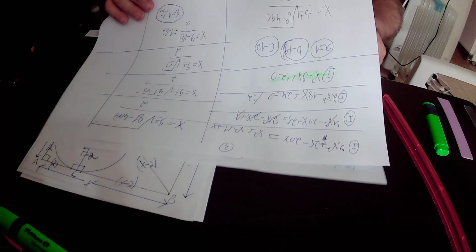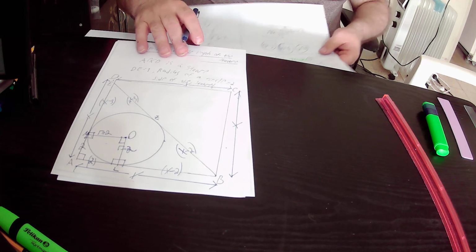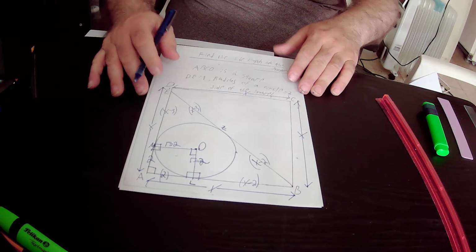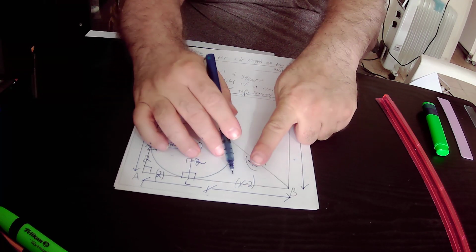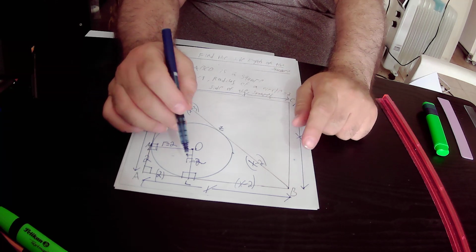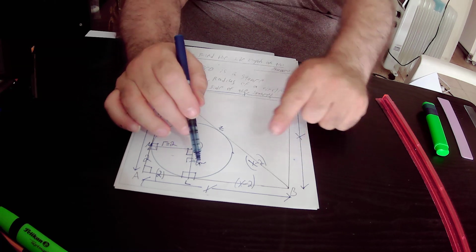So here, AB equals x, so this is x, and x is greater than AL.